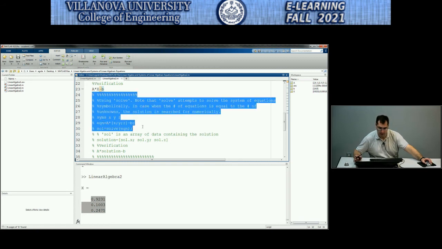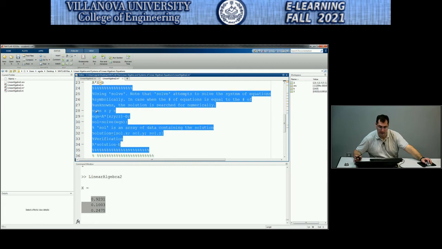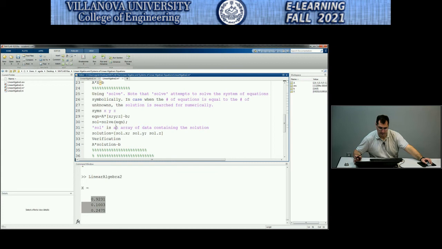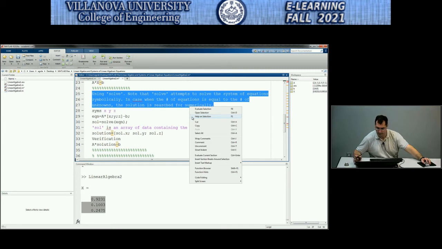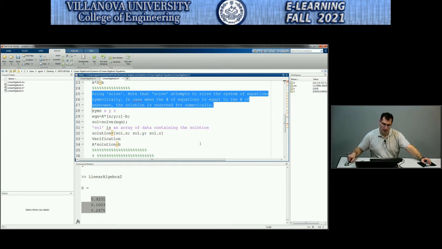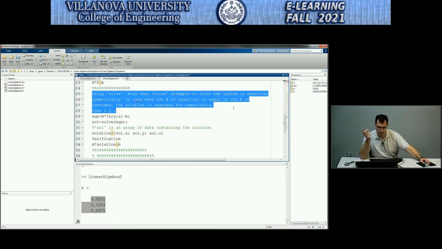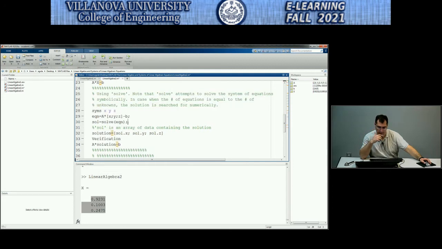Solve will help you solve the systems of linear algebraic equations as well as nonlinear algebraic equations. So let's comment this one. Okay, so using solve, we can do the same thing.